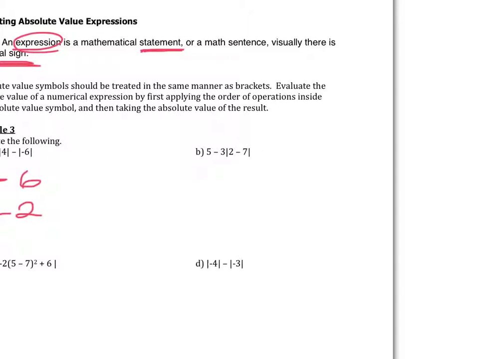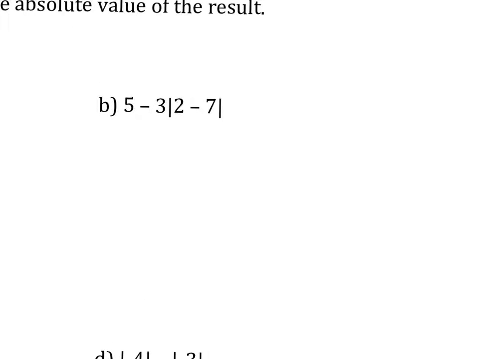Okay, so in our next question, we're going to look at 5 minus 3 times the absolute value of 2 minus 7. So first we need to figure out this 2 minus 7 part. So let's do that.